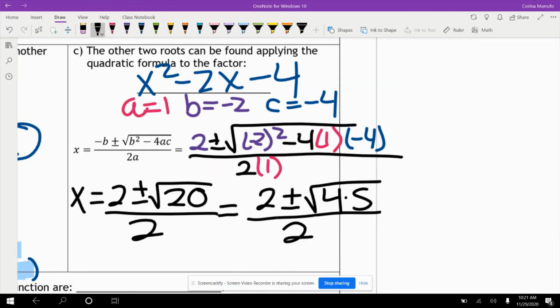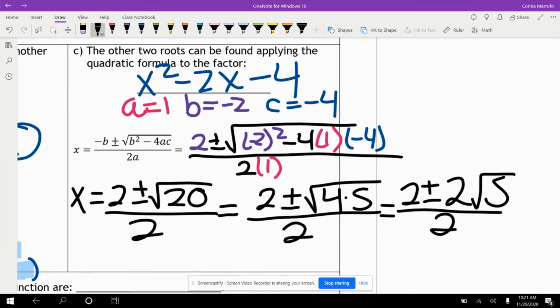This is all over 2. Now remember, the 4, we can take the square root of 4 and get a whole number. We can't take the square root of 5 and get a whole number. So the 5 is going to stay trapped inside of the square root. And then the 4, we can take the square root of 4. That gives us 2. All right.